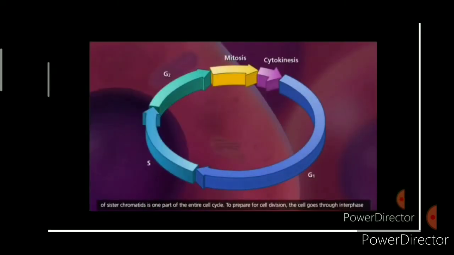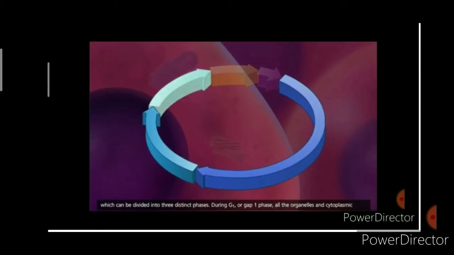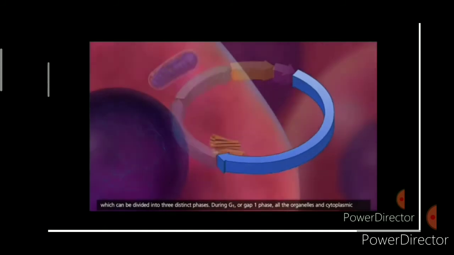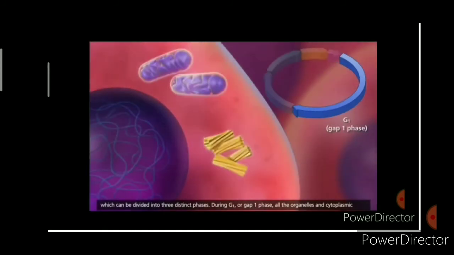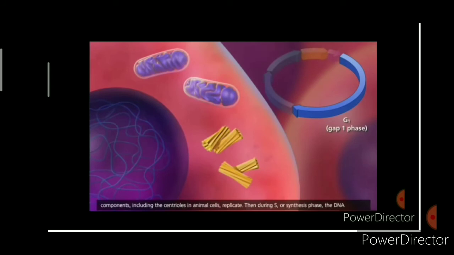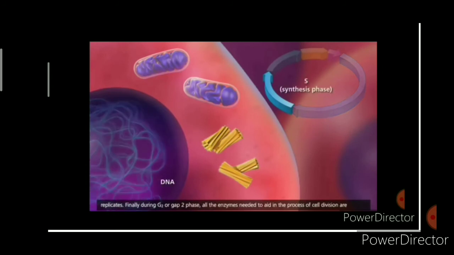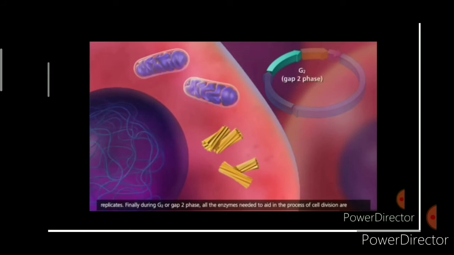This is the cell cycle: G1, S and G2, mitosis and cytokinesis. Interphase shows G1 phase, S phase and G2 phase. In G1 phase, chromatin material is formed, centrioles are formed and chromosomes are prepared. In the synthesis phase, that is S phase, chromosome replication takes place.